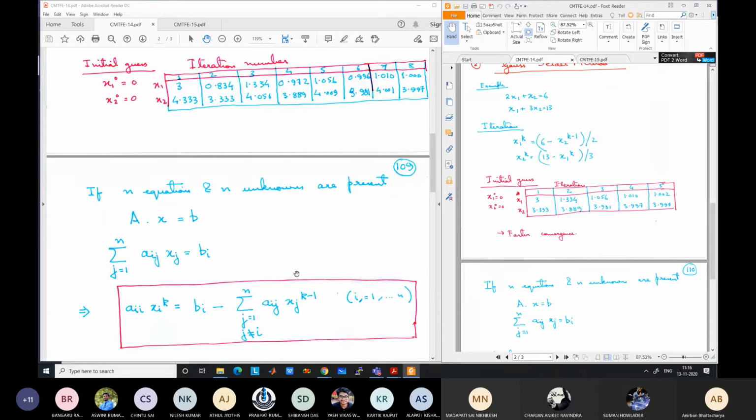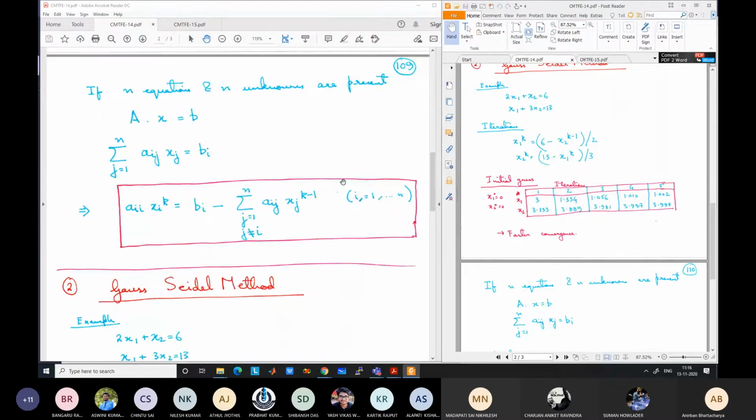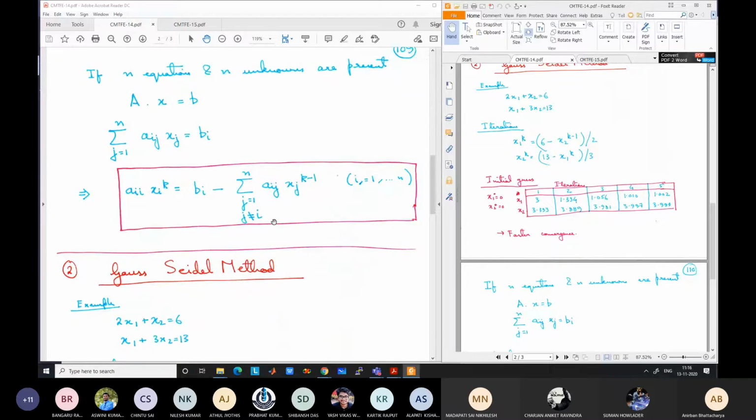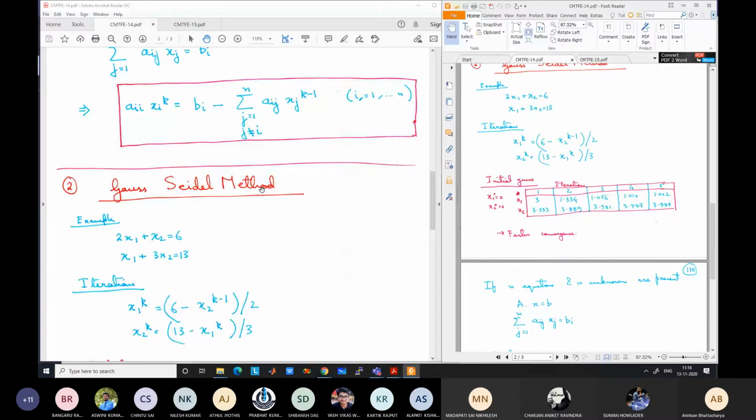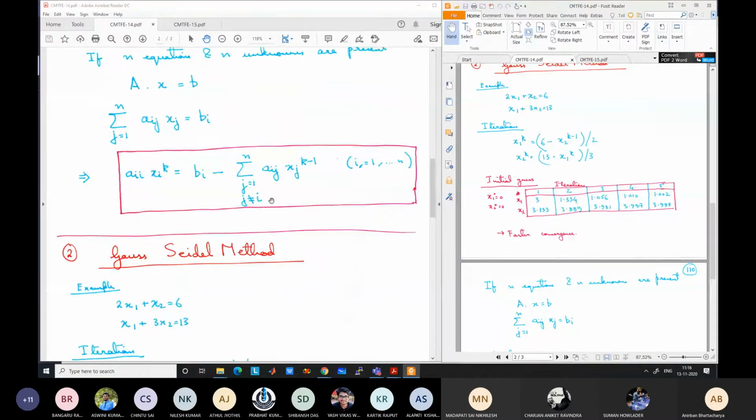So a similar method, slightly modified, which we have studied subsequently, is known as the Gauss-Seidel method. The only difference was that in the Gauss-Seidel method, instead of using all the old iteration values, we use the latest known values.